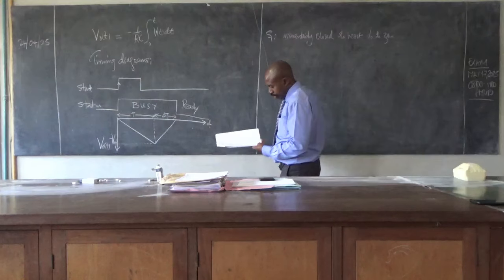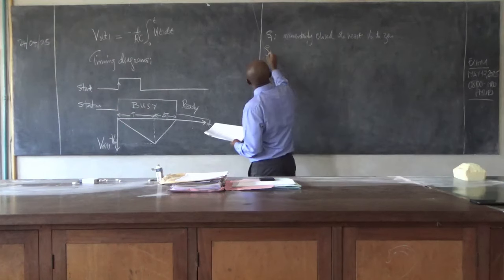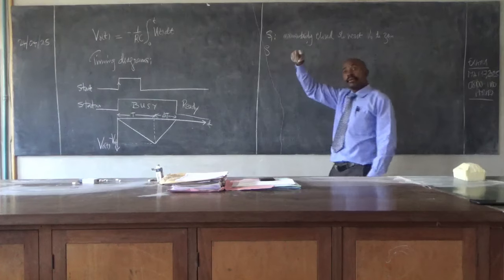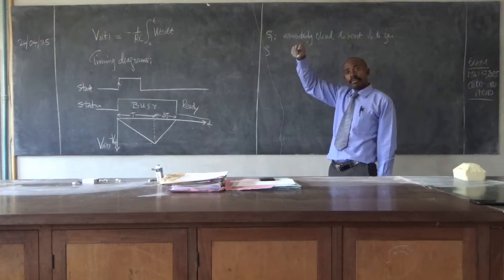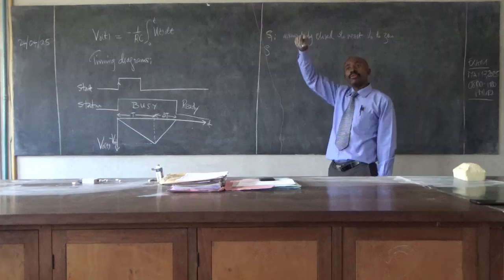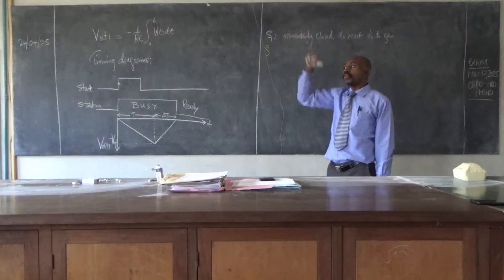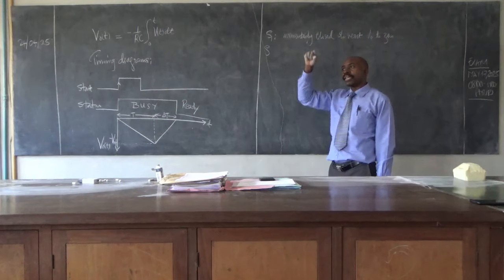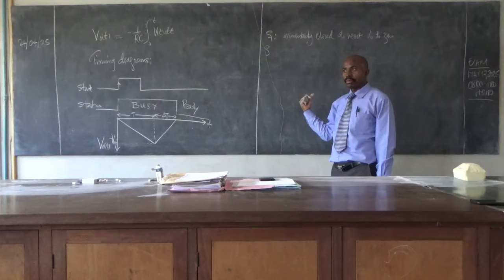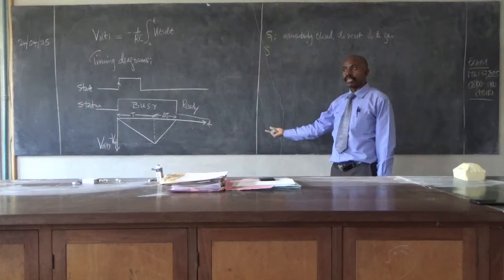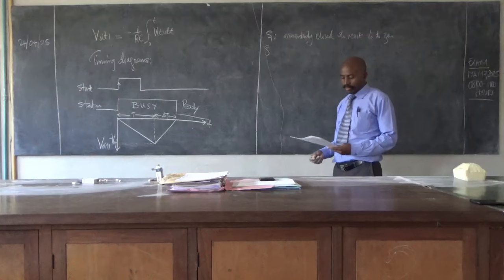S1 is the one which bypasses the capacitor, and when you bypass the capacitor, you now reset to 0, because there's nothing that you will be getting at the output.